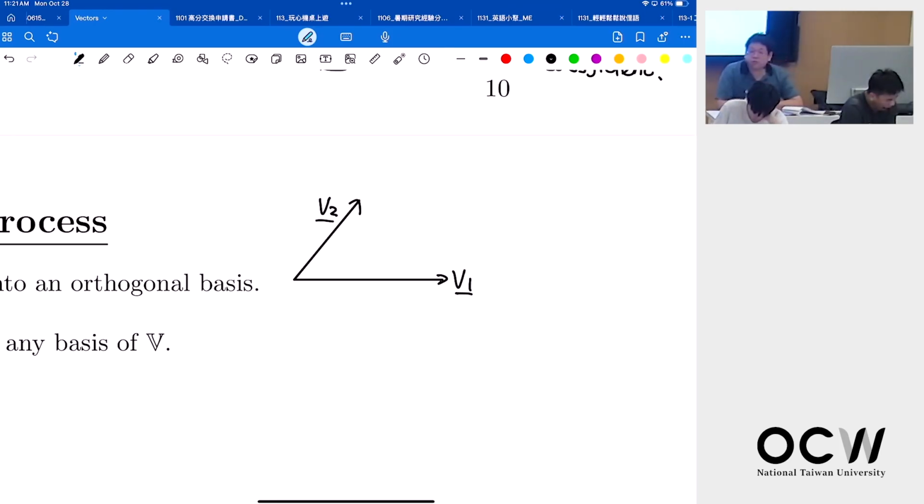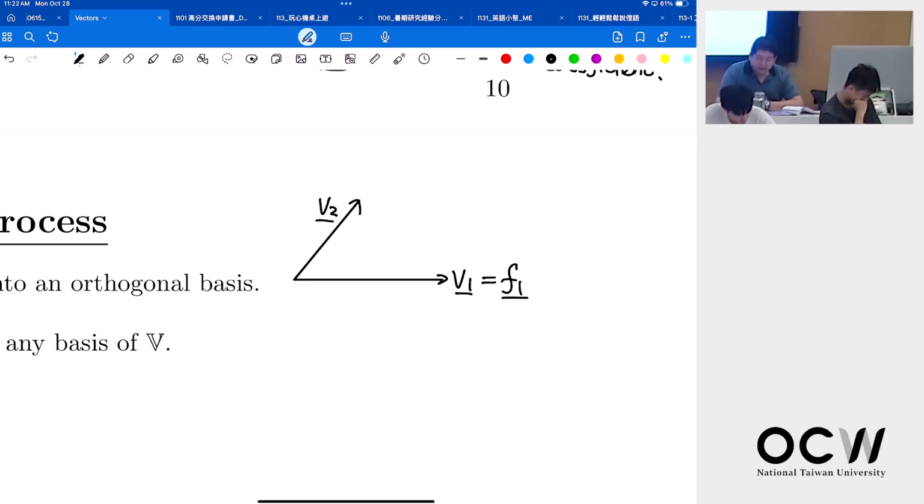First, we are in 2 dimensions. I have 2 vectors, and 2 vectors could be the basis. So any other vector can be expressed as a linear combination of V1 and V2. Now, to find the orthogonal basis, first we just randomly choose a base vector. Here, let's choose V1 as F1.